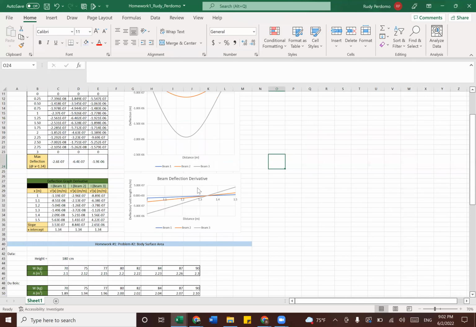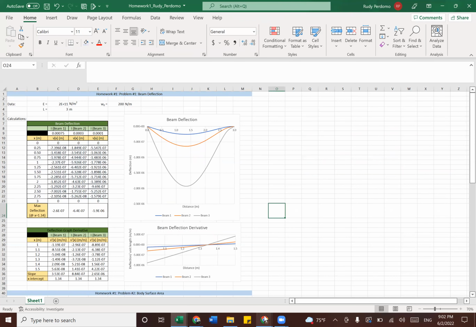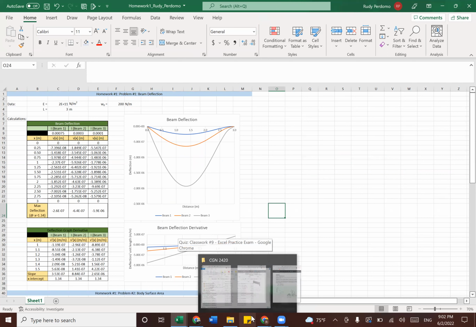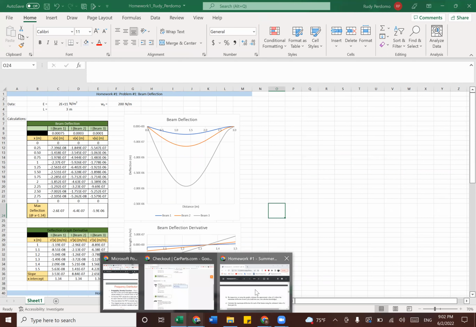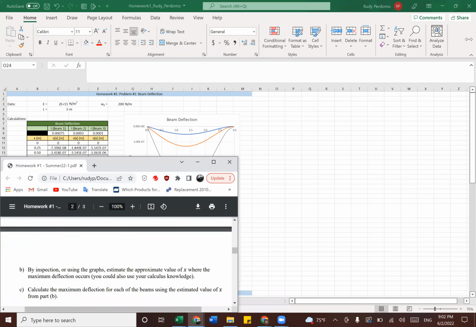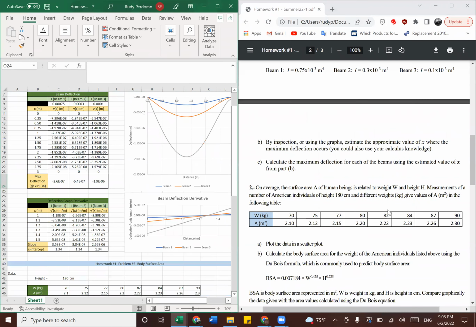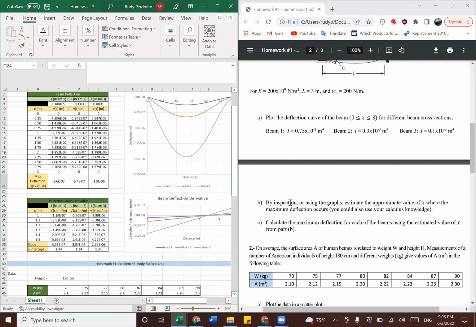So for the next part, you could do it how I did it. I use calculus, but if you don't know how to do that, don't worry, because it says you could just do it by inspection. It says by inspection or using the graphs, estimate the approximate value of x, where the maximum deflection point occurs.